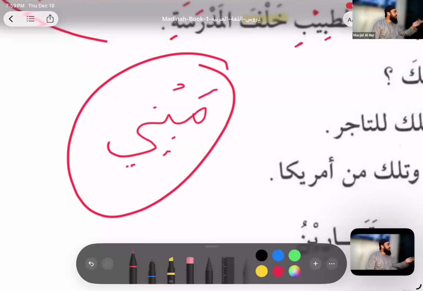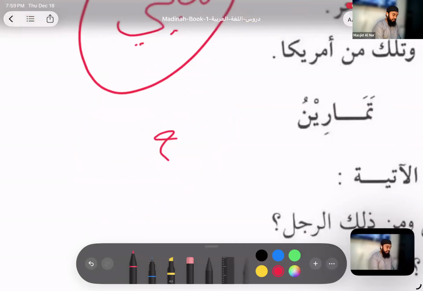Like for example, can someone give me a mabni word that can never change? We learned so many until now. Just use your intellect to find it. Any word that never changes. Fi? No, it will change. Someone said fi. Ala? Huruf al-jar? Jiddan, a lot.